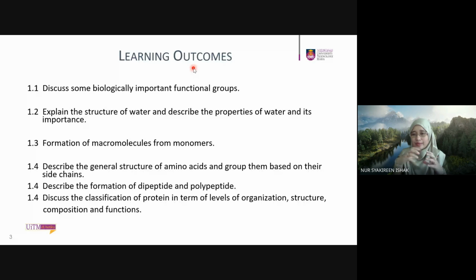For 1.3, it is quite big, so we are going to look into those details. And then 1.4 is the elaboration of each monomer of each macromolecule. Describe the general structure of amino acids and group them based on their side chains. The side chain of an amino acid is the functional group.